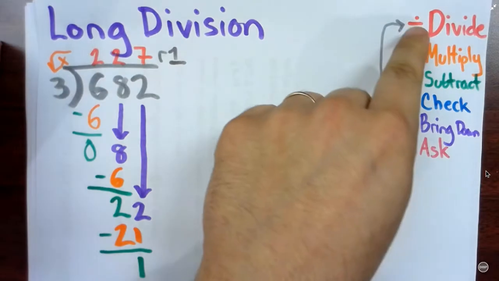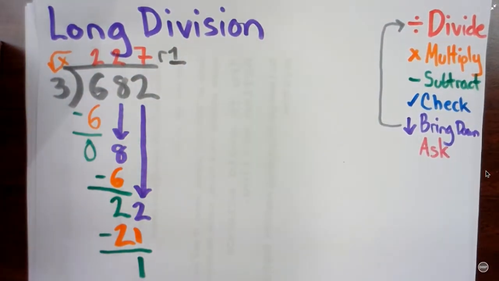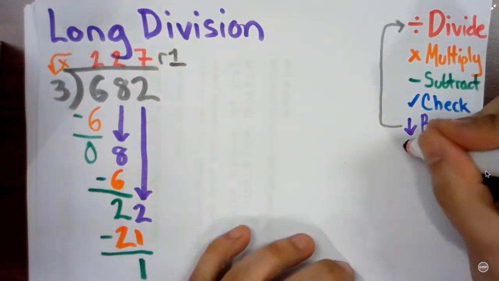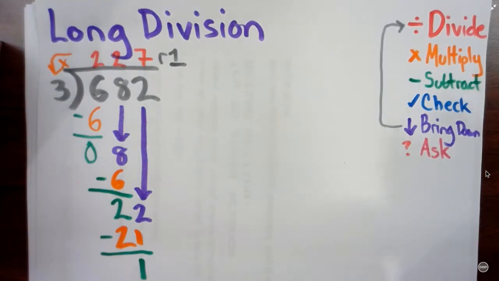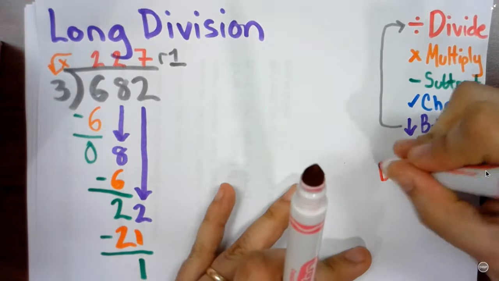A good way to remember this, because I know the steps divide, multiply, subtract, check, bring down, and ask that question, can be quite a bit to remember. So the way that I encourage kids to remember it is to ask themselves, does, oh, my pen's dying out here.